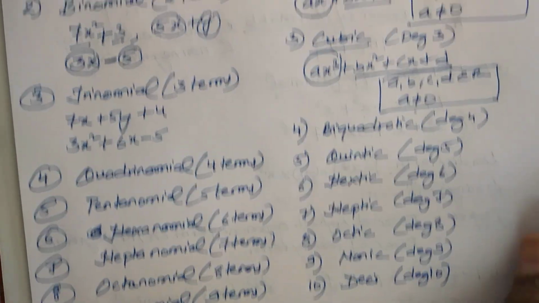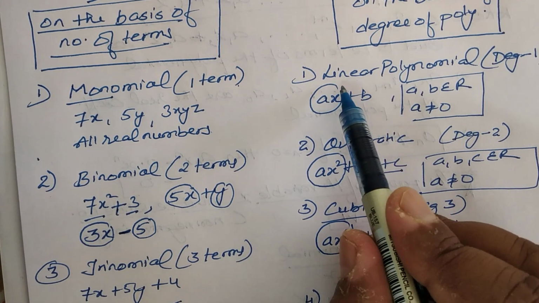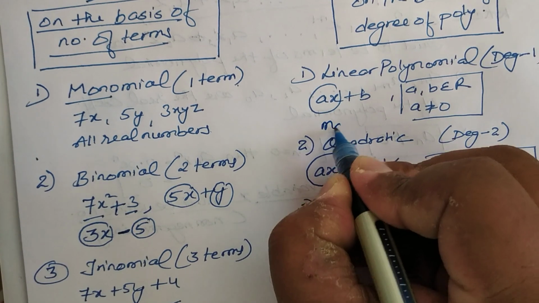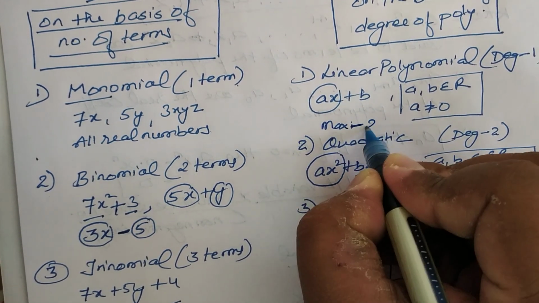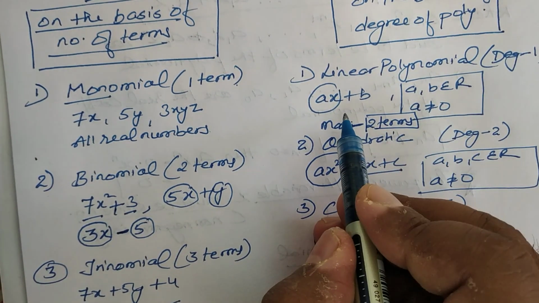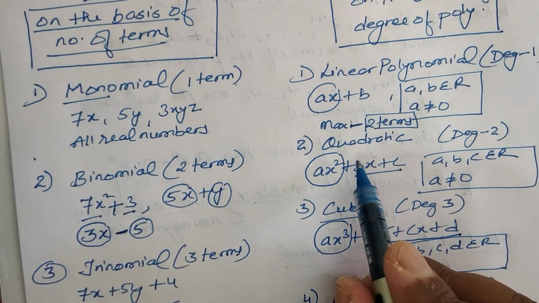So when I say linear polynomial, that means it can have maximum 2 terms. So it includes monomial and binomial.